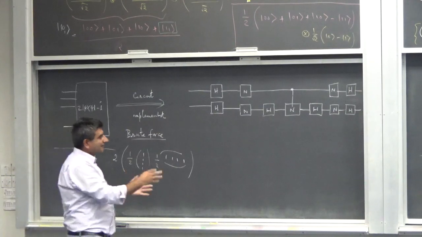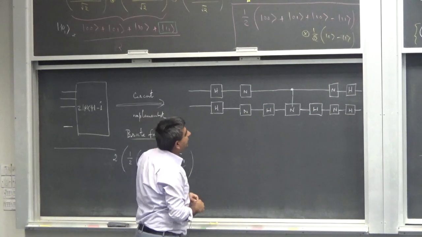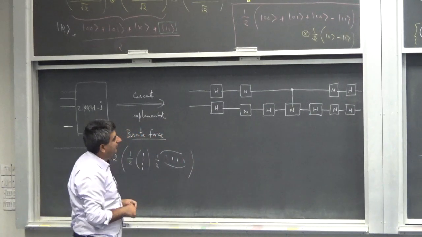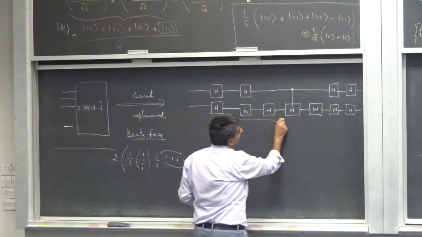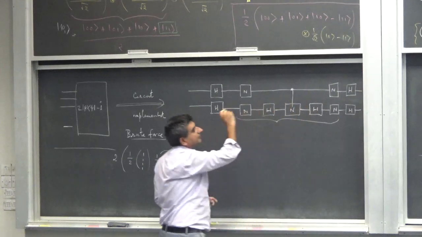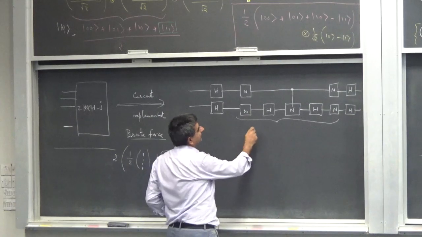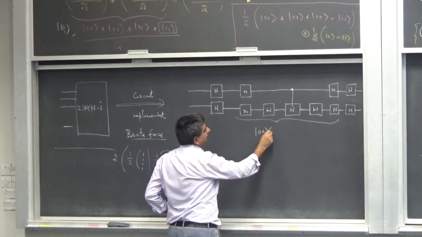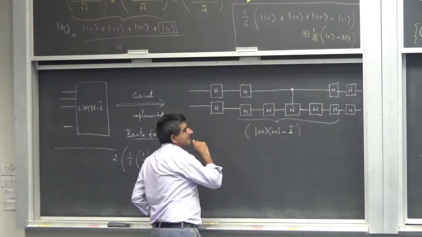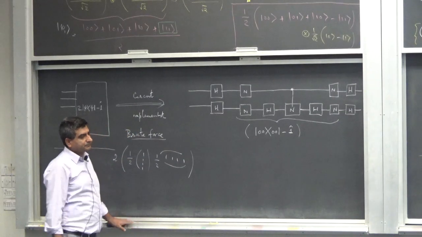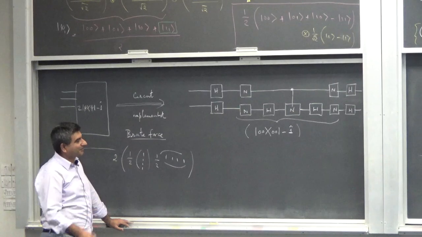One way to do this is just by brute force assembling these gates. By the way, if you look at this carefully, just this part is really ket 0 0, bra 0 0 minus identity. You can work it out on Qiskit or Mathematica.